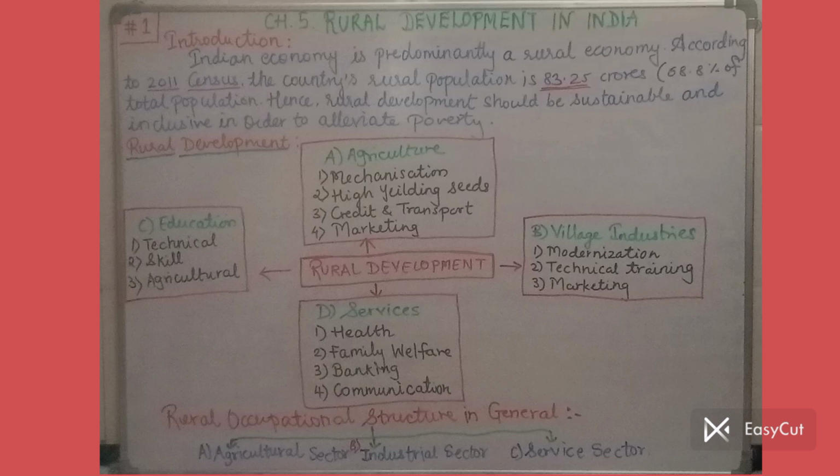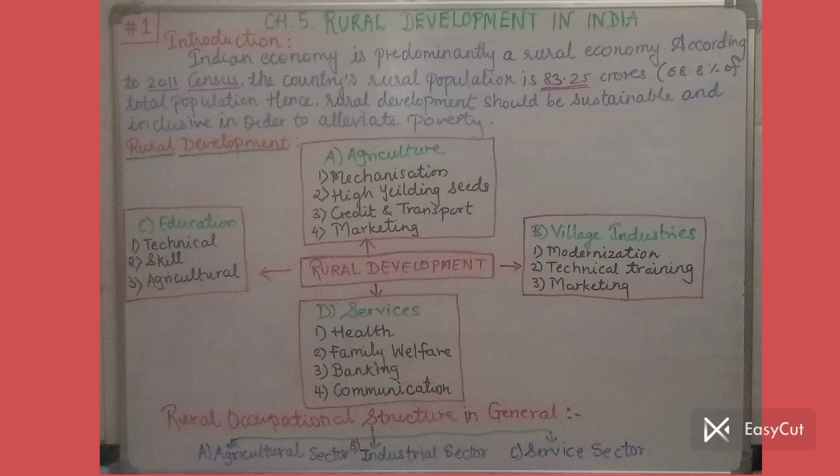Then second, high yielding seeds. The quality of the seeds and fertilizers should be high so that we get more output from the same area of land. Our farmers would benefit from that.